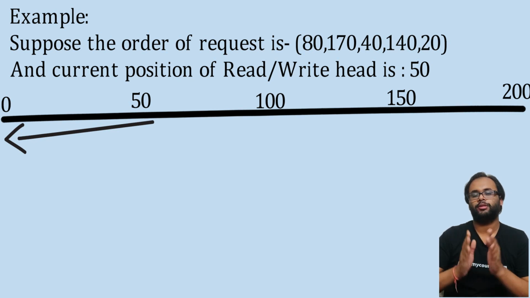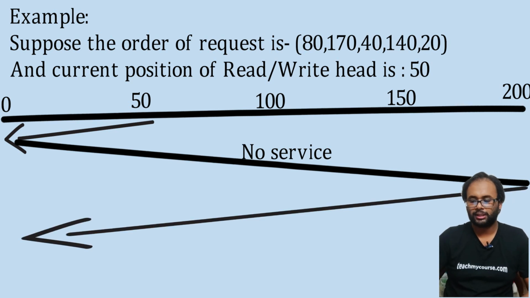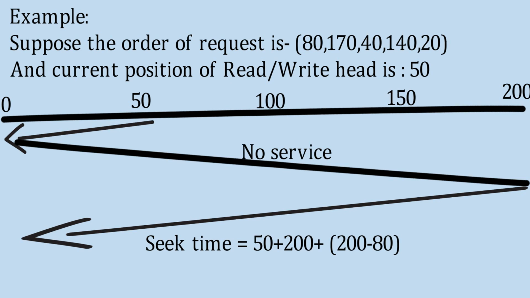That is the main difference between scan and C-scan, that in C-scan it goes back along the path without serving the request. It just straight away changes the end, and then from here on it will start servicing the requests in the left direction only. Okay, so now it would serve all the requests which came in its path.